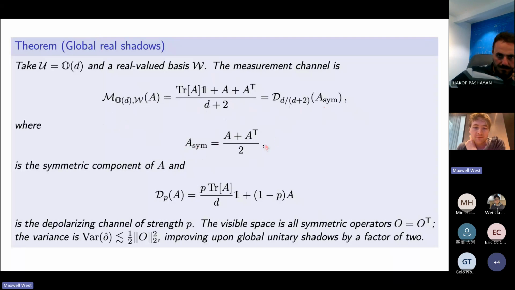And the visible space is exactly the things that are symmetric, because the anti-symmetric component is always annihilated. So that's already a little bit different from the unitary case, where nothing gets annihilated. And what's also cool is, if you remember from a few slides ago, the variance with global unitaries or global Cliffords, the bound was just the 2 norm squared of the operator.